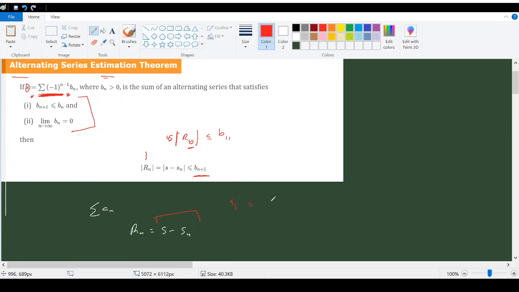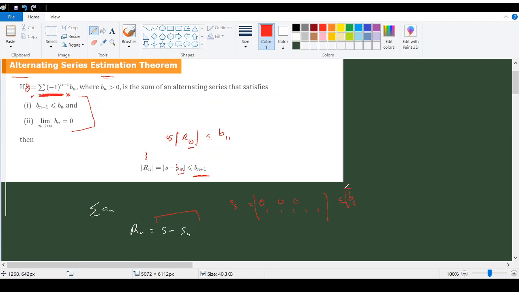S5, that means we are going to add the first 5 terms: 1, 2, 3, 4, 5. When you are adding, you should consider the positive and negative nature also. When you add the first 5 terms, this addition is represented by S5, and the difference between this and the actual value will be less than or equal to B6.